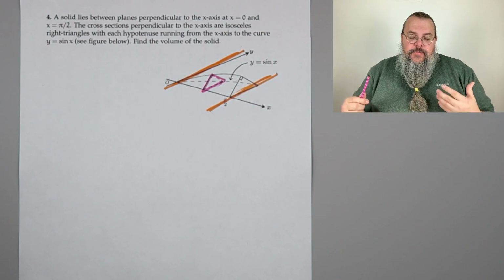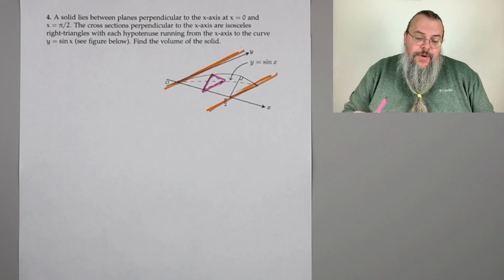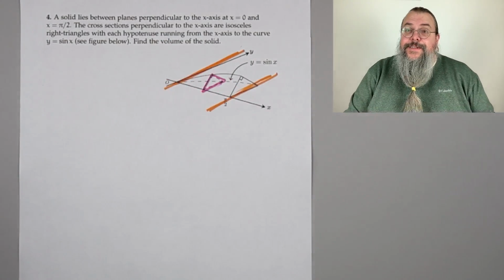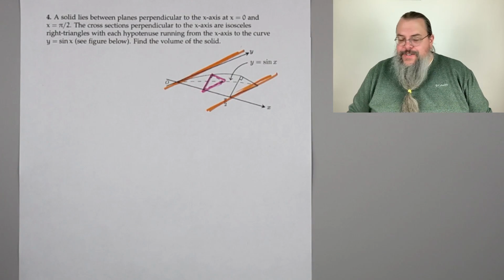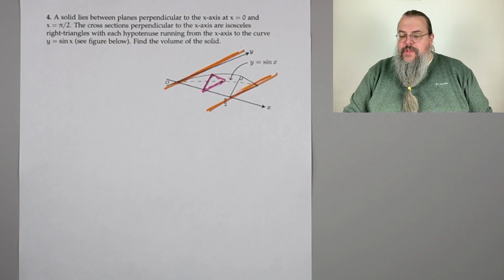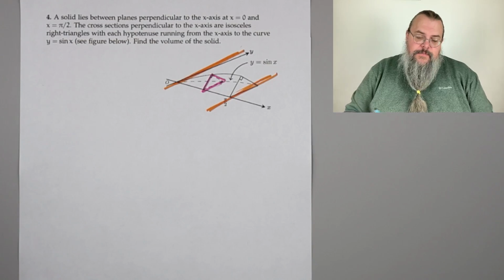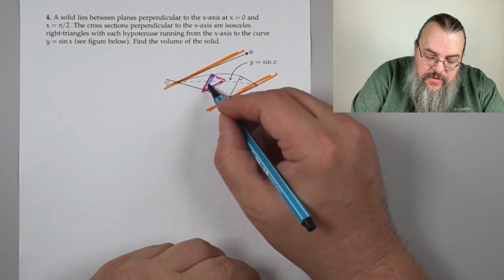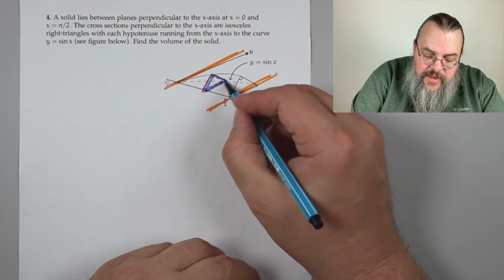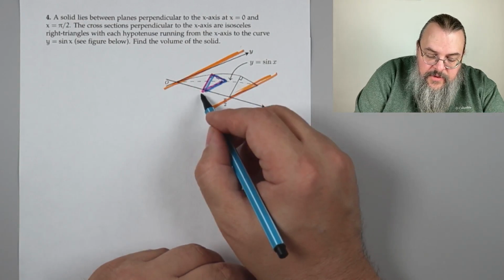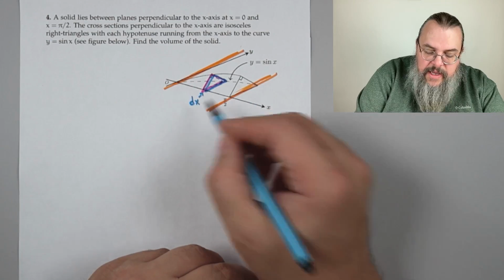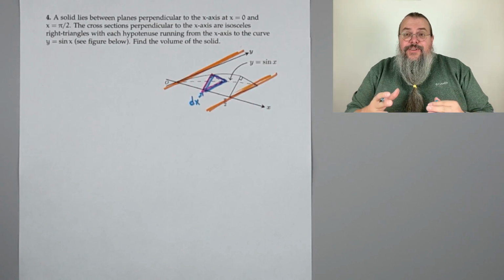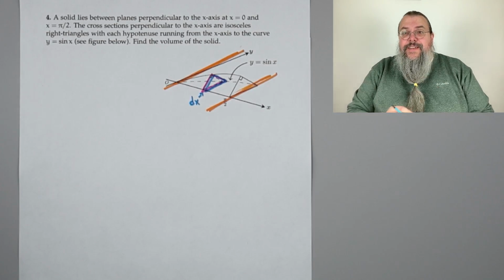And now what are we trying to do? Well, we're trying to find the volume of the solid. Okay, interesting. Now, what do we do for this kind of problem? Well, in this kind of problem, what we can think of doing is taking a little bit of a thicker slice, not a very thick slice at all. So we'll say that the width here is dx. You'll notice that our cross sections aren't circles, they're not shells, they look like thick triangles.